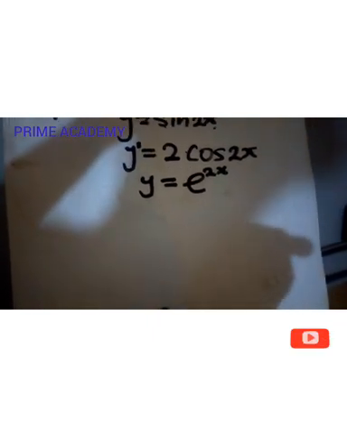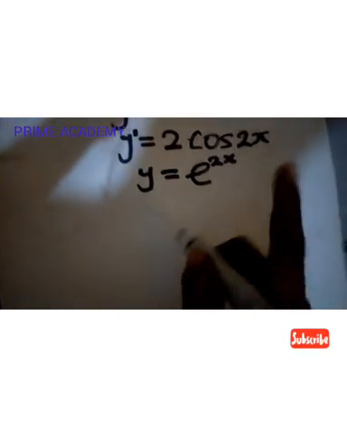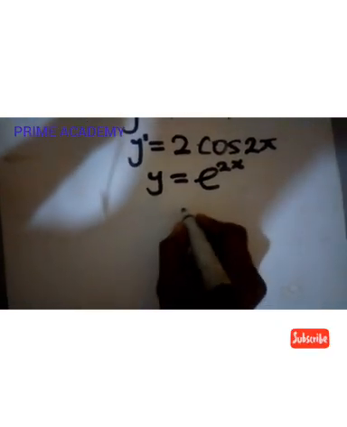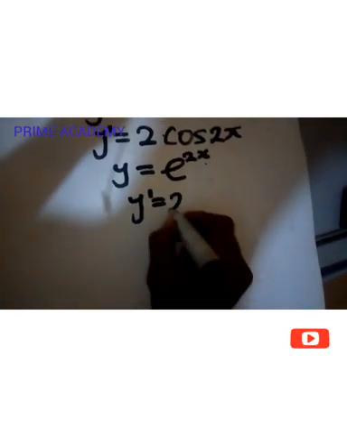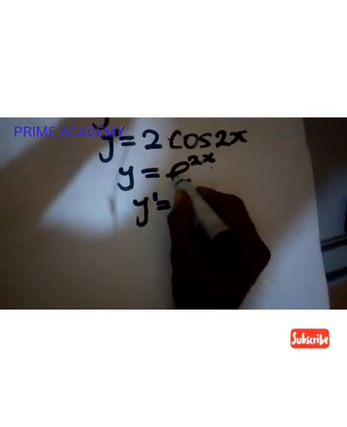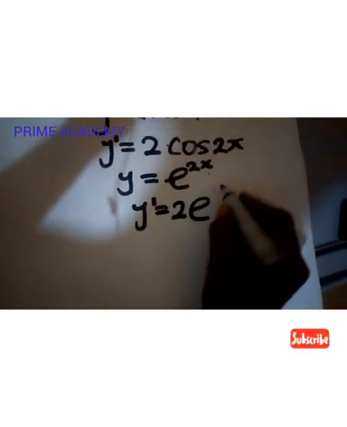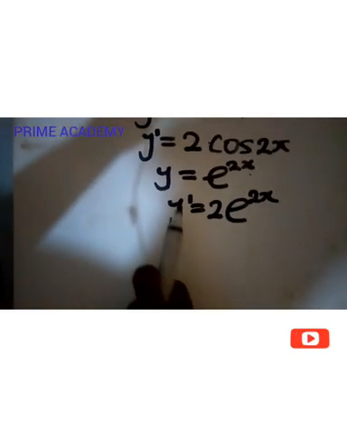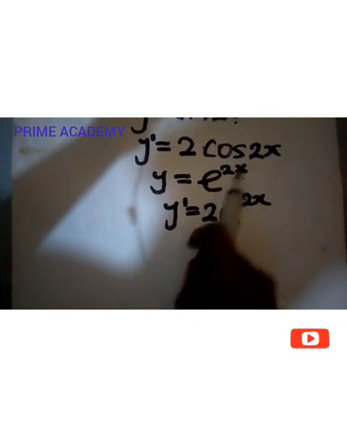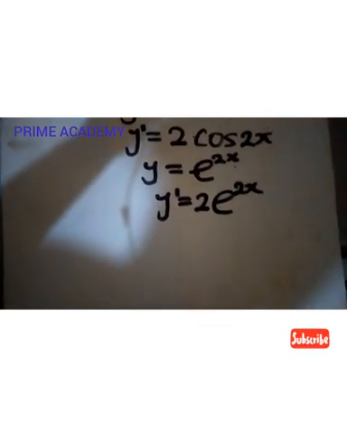In the same way, we differentiate from the inside to the outside. When I differentiate 2x, I obtain 2. When I differentiate exponential, I obtain exponential. Then I rewrite the inner function, which is 2x. So the first derivative of y equals exponential 2x is 2 exponential 2x.